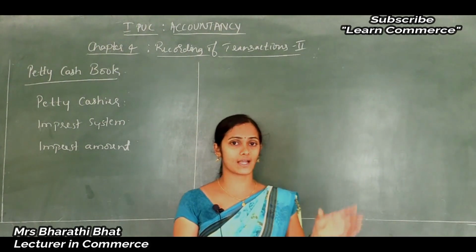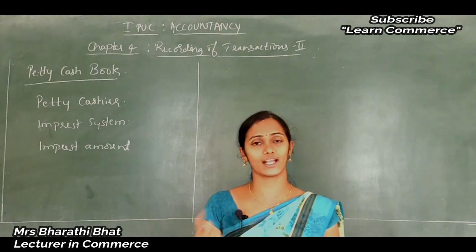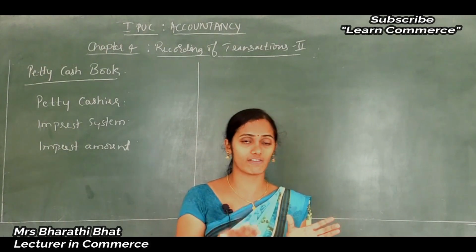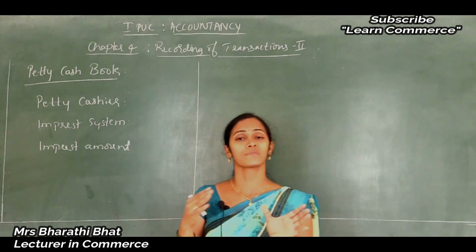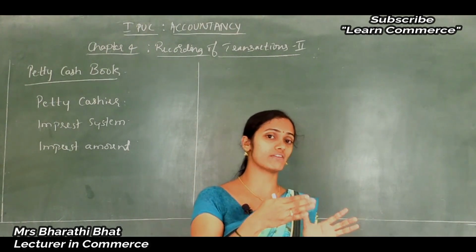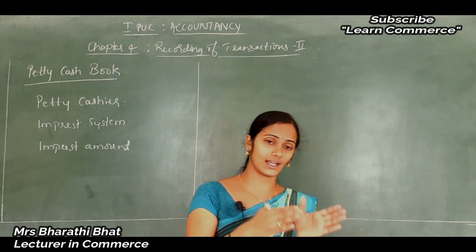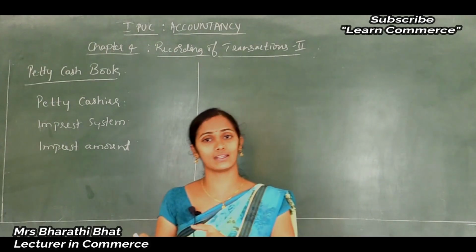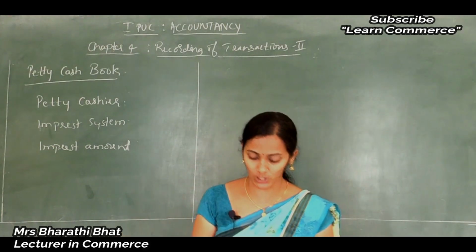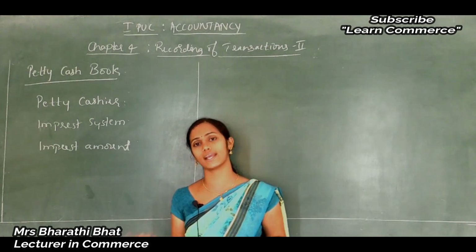Say for example, in the month of January the petty cashier spent 750 rupees out of 1000 rupees, and at the end of the period he will again receive 750 from the main cashier, the head cashier. That amount will be used in the next month's beginning, so he can maintain the full imprest amount in the beginning of the next period.